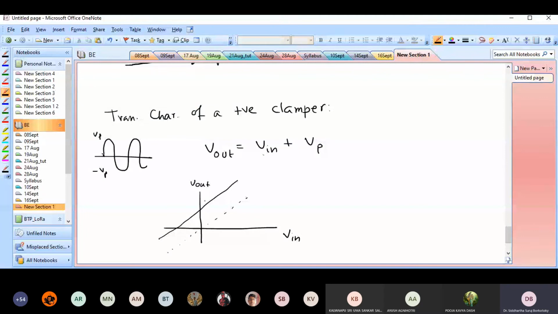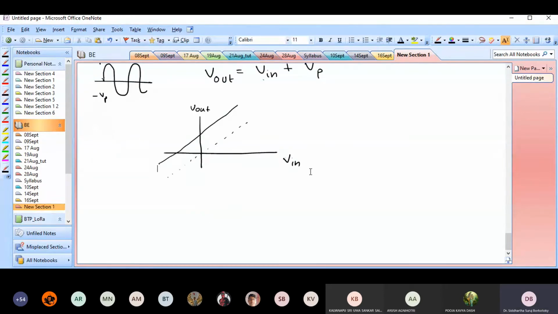So it's just shifted upwards. Whatever V in is, it'll just be shifted upwards. Okay, so this is my transfer characteristic of the clamper. So I hope the transfer characteristic is clear now.